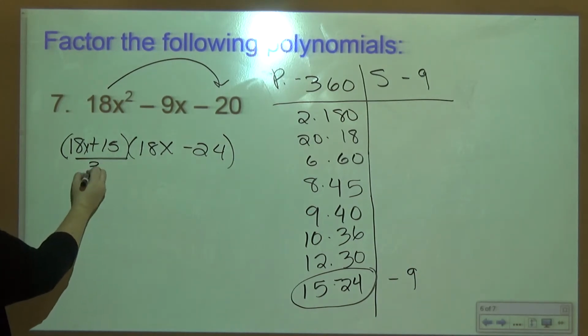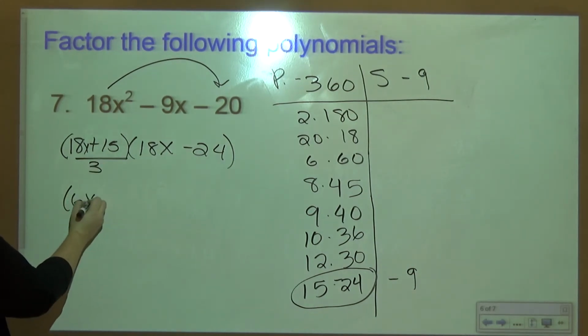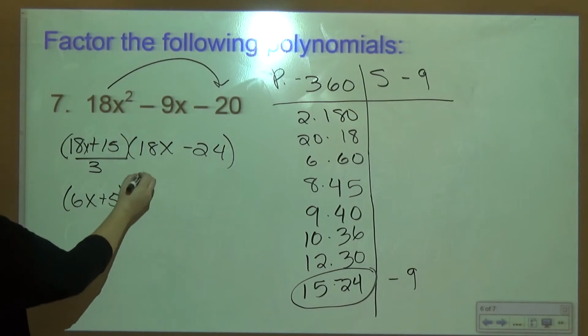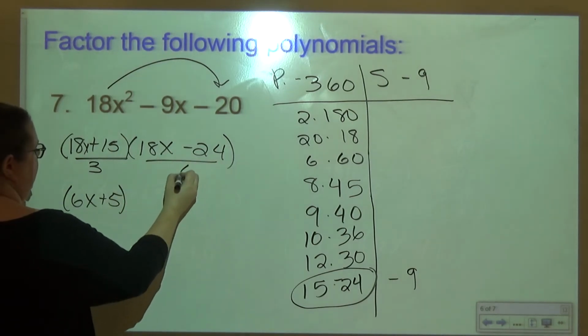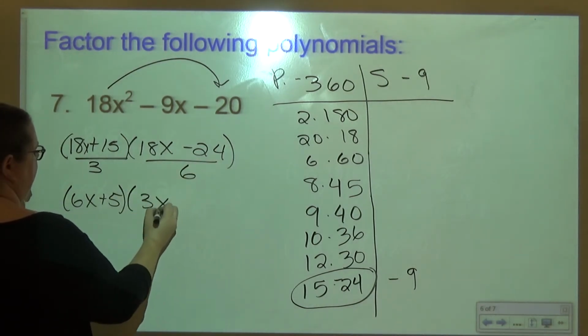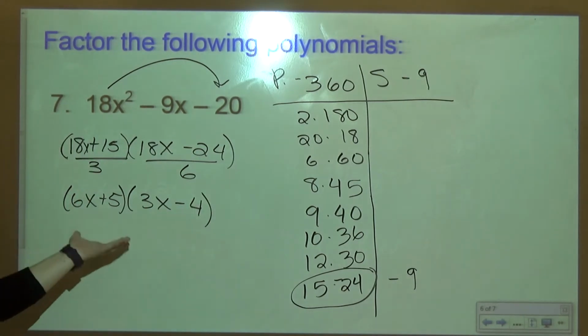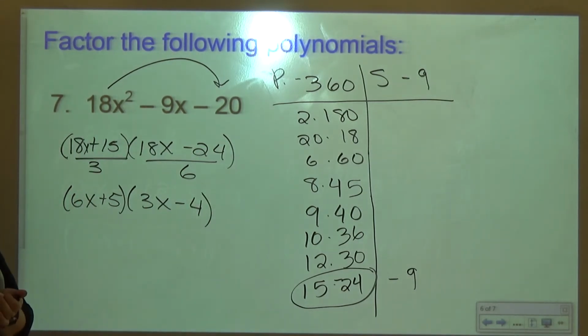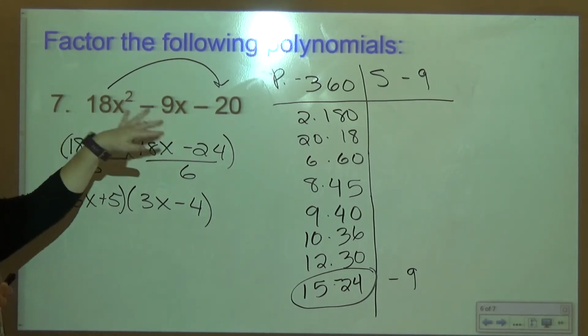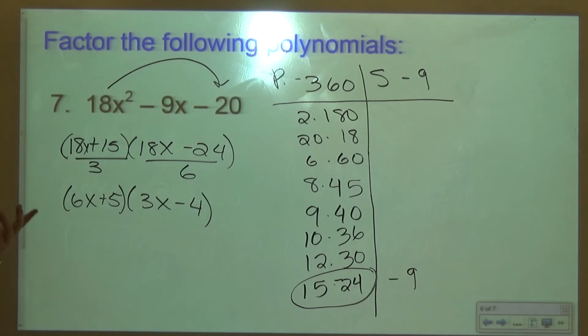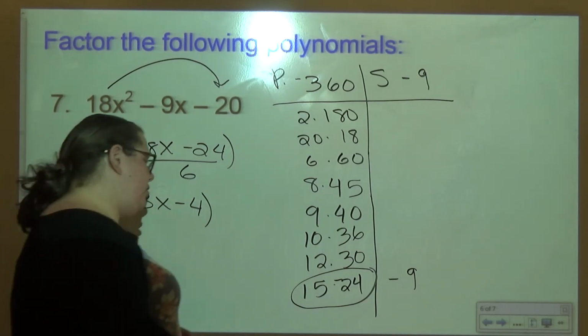Here we get a 3, so 6x plus 5, and here we get a 6, so 3x minus 4. And this is pretty much as hard as it gets. I guess it could get harder if you had crazy GCFs in here, but this one's as tricky as I would ever get as a teacher.